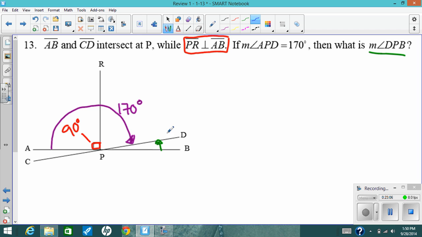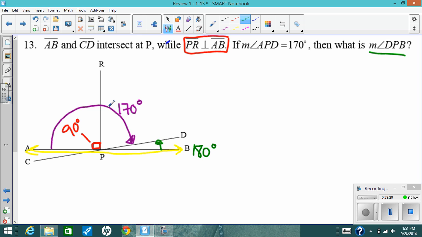APD and DPB come together and they form line AB. That's a straight line, though I didn't draw it very straight. It's not as easy as it looks. Straight line or a straight angle has a measure of 180 degrees.